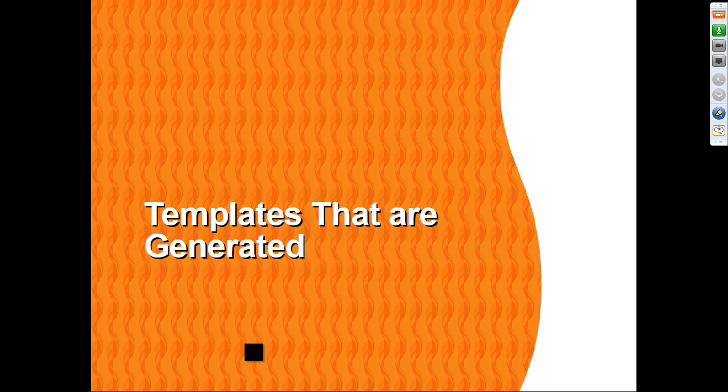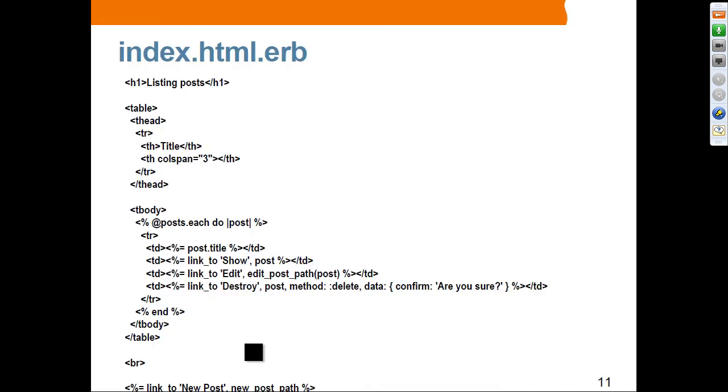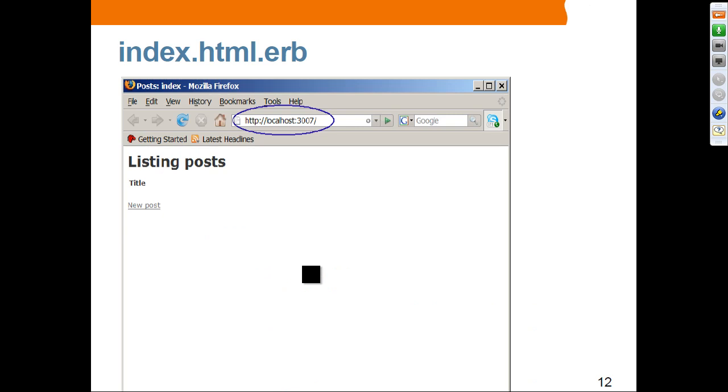Templates that are generated include the index.html.erb file. Basically, this is the list of items. Again, I'm going to explain this code in the hands-on lab. This is the index.html.erb file.